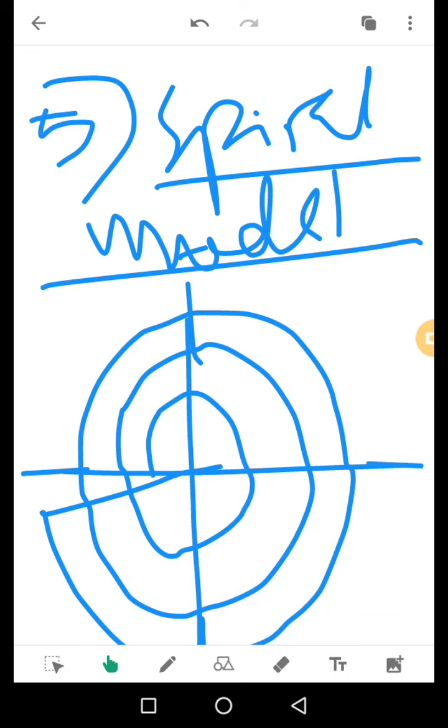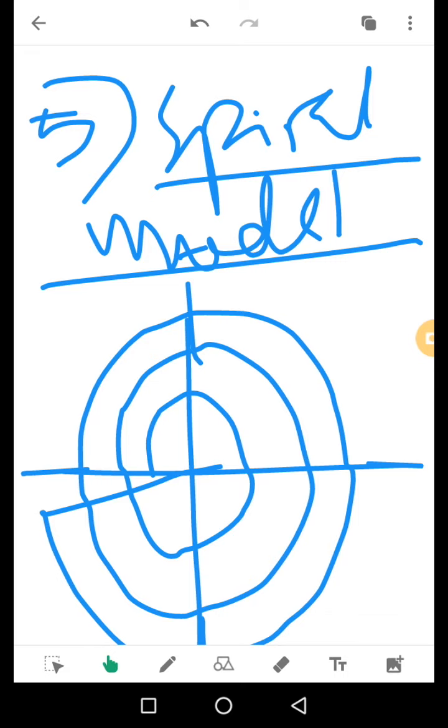So the risk analysis phase must be done with high expertise, because the success of the project depends majorly and highly on the risk analysis phase. Are you getting it now? So it doesn't work well for smaller projects.